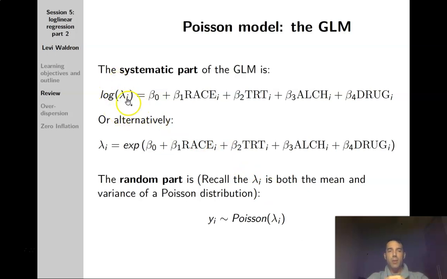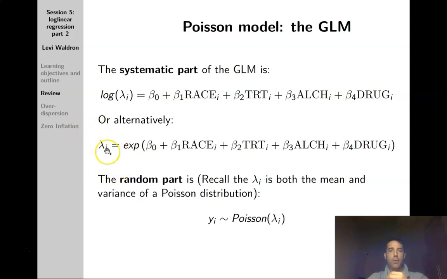The mean is parameterized by this variable lambda. Our link function is this log, and then on the right side we have a linear predictor, and this is just from the example that we were using in the lab last time.